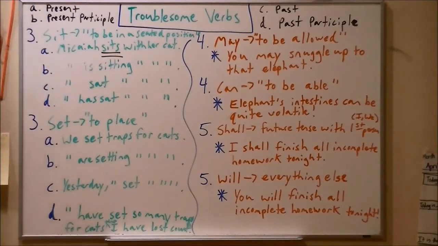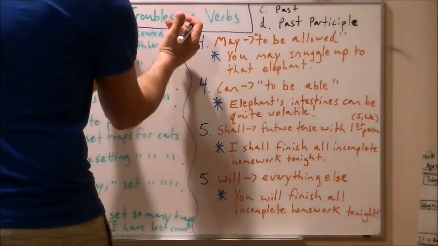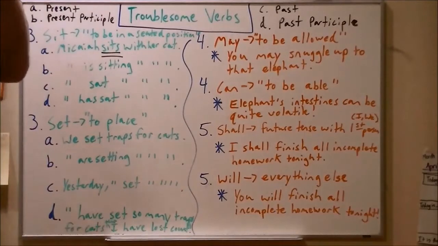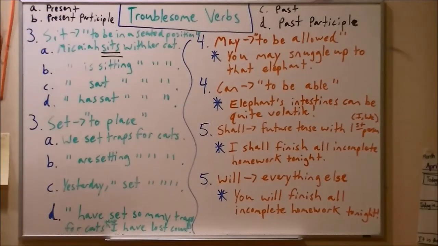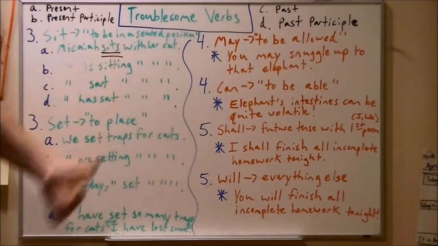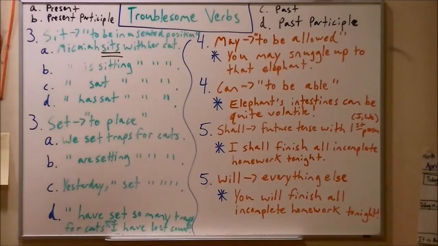And this is another one of those sit verbs that is intransitive, which means there is no direct object that comes after it. Now it's true there is a noun that comes after it, cat, but cat is in a prepositional phrase, and a direct object can never be inside of a prepositional phrase, just like a subject.